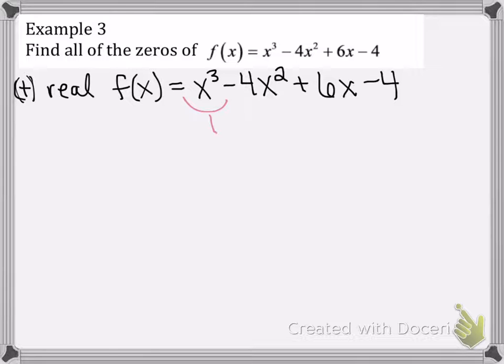So 1, 2, 3. So that means that there are either 3 or 1 positive real zeros.